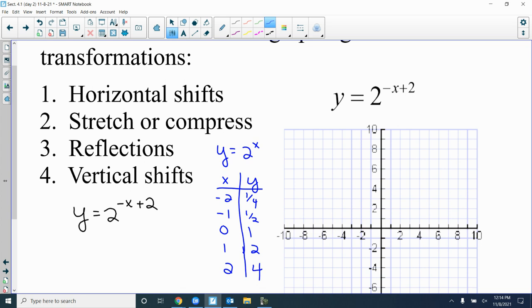So negative 2, I get 1/4. Negative 1, 1/2. 0, 1. 1, 2, 2, 4. So it looks like that.